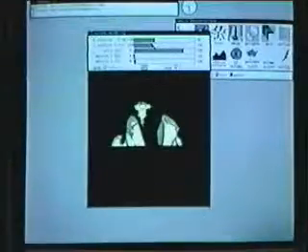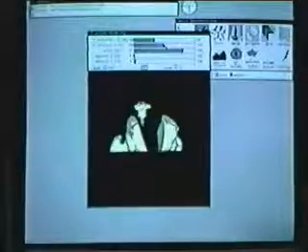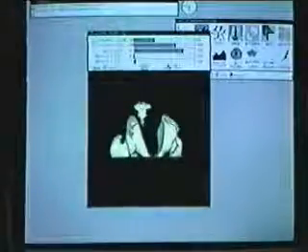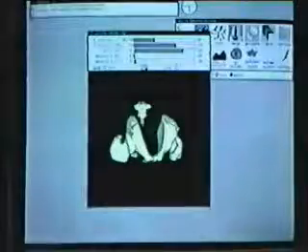And the image can be computed from any direction. Just rotate around 90 degrees.